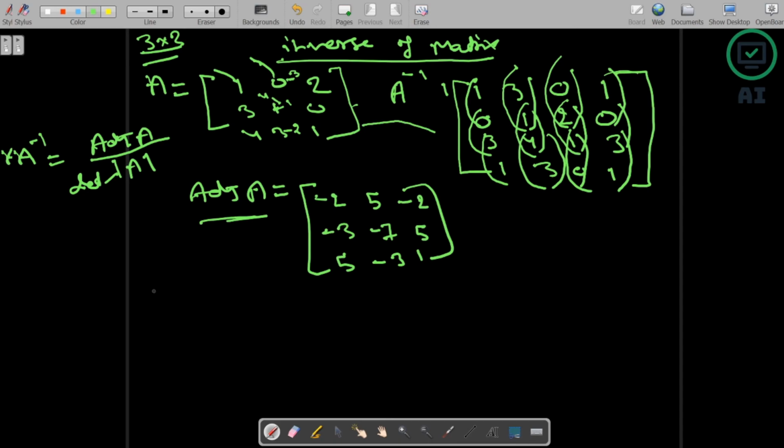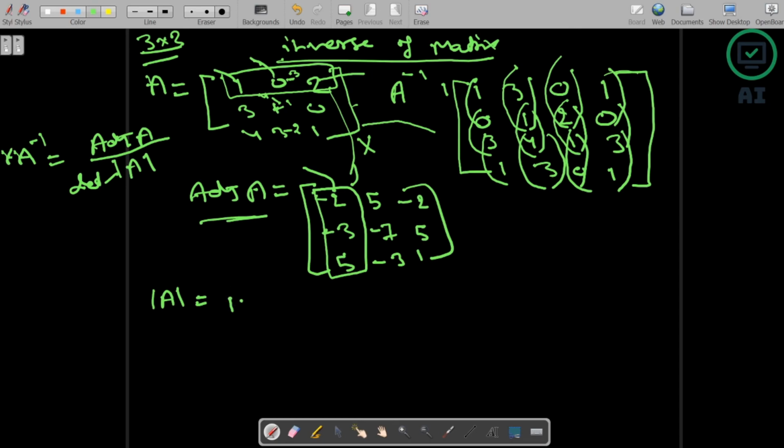Now let's find the determinant of A. Finding the determinant of A is also a shortcut. Take the first row of matrix A and the first column of matrix adjoint A. So you take this one and this one from adjoint A and multiply them.